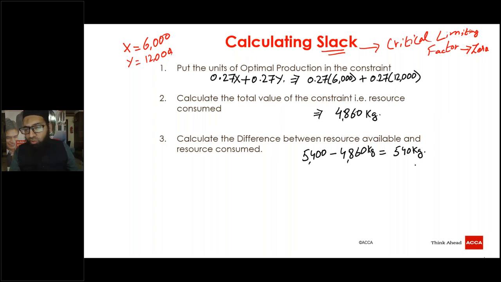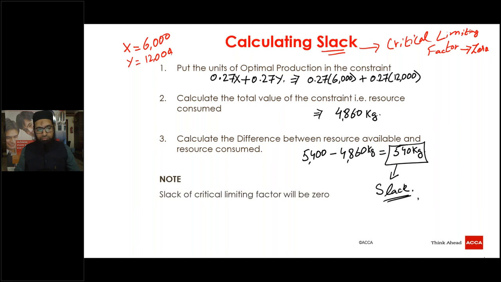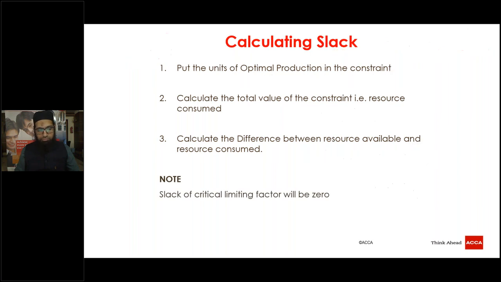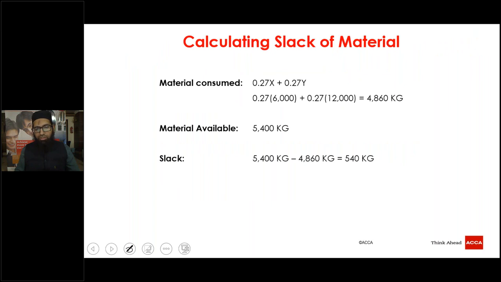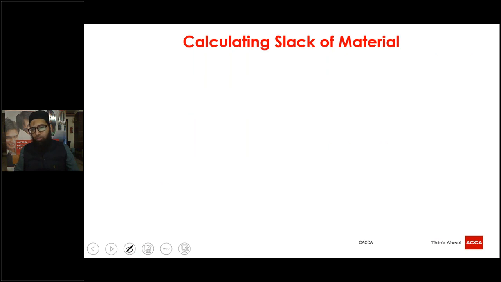That means this resource is not fully utilized. So this 540 kg is the slack. This is the calculation I have already made. Now let's move on to the shadow price.